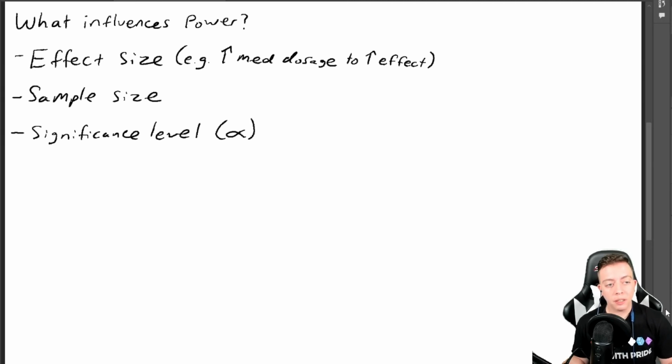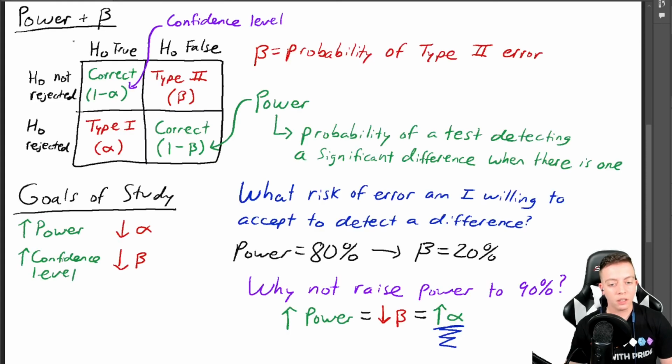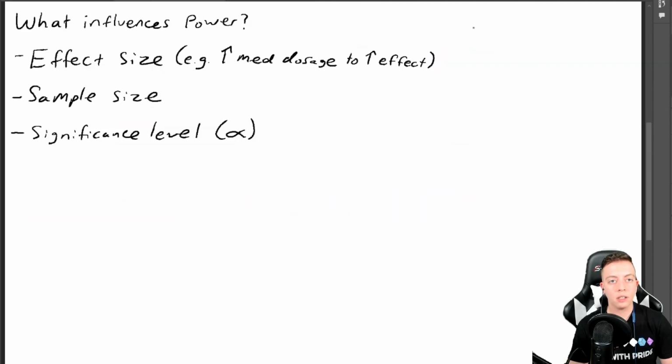This is going to be influential, because if we go back and look at our alpha, a 10% chance of type 1 error versus a 5% chance, I'm willing to accept more error. So in accepting more type 1 error, I can raise my power. I'm more likely to detect a difference because I am determining that 10% is good enough to be a significant difference.